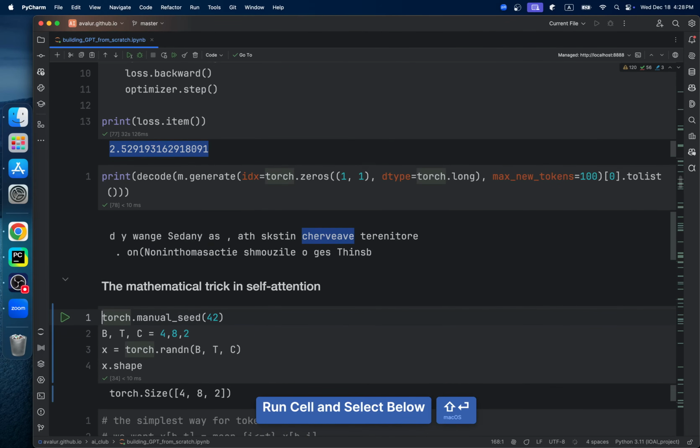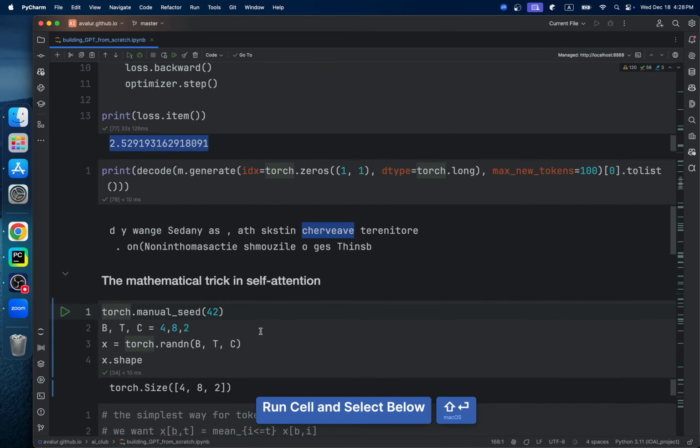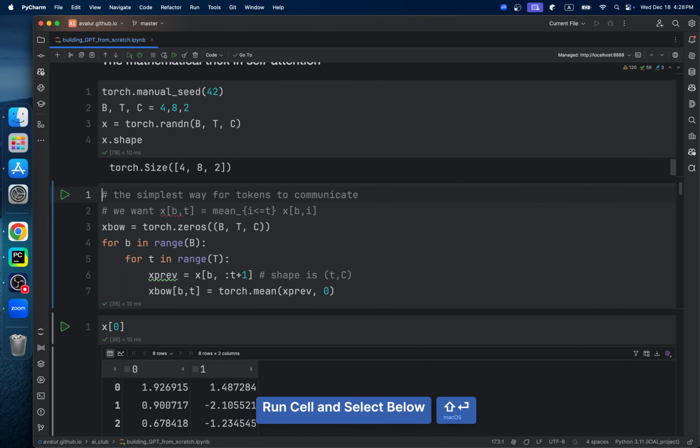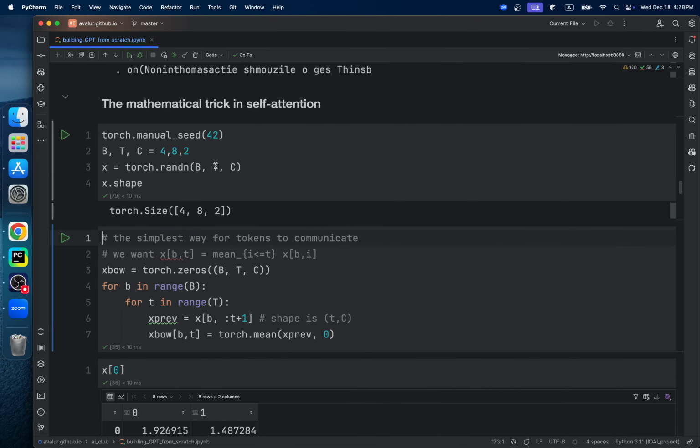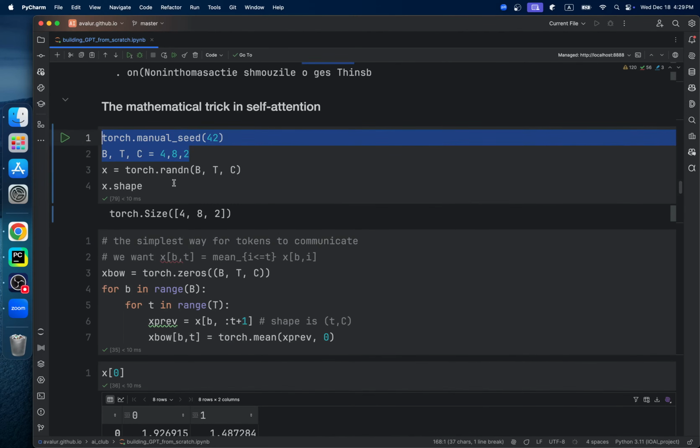So our goal now is to somehow aggregate all the embeddings from the input. Suppose our input has this shape, 4 by 8 by 2.